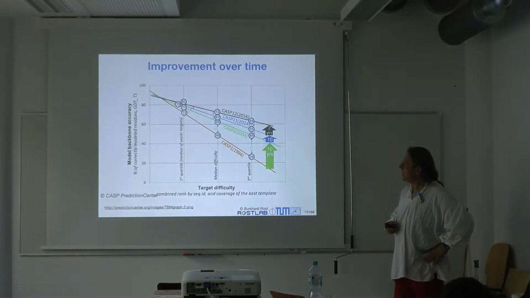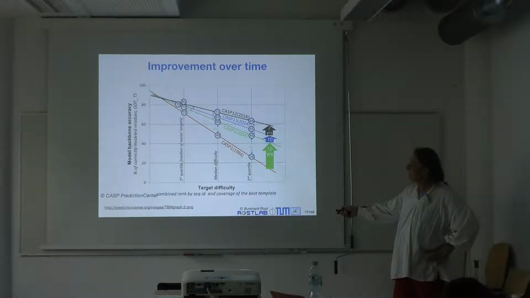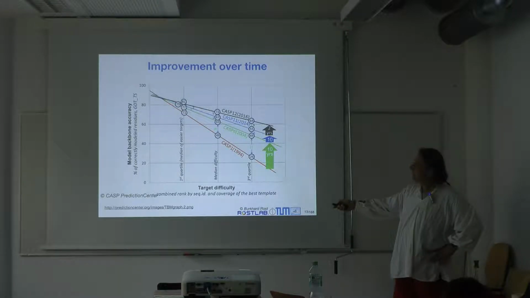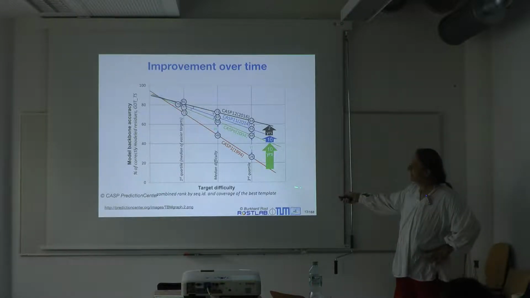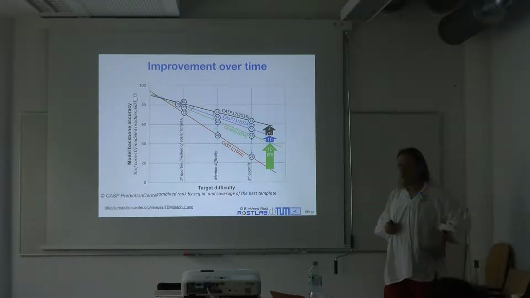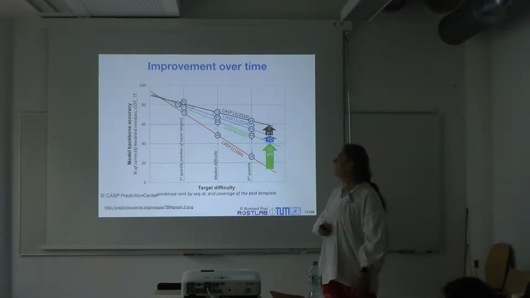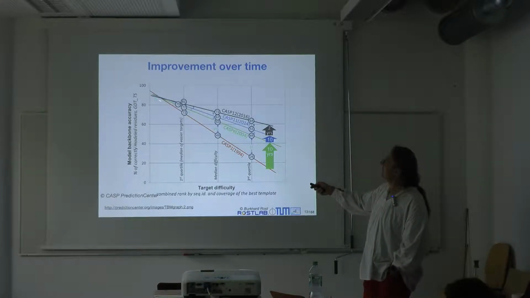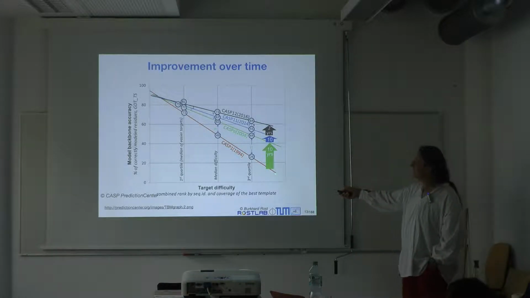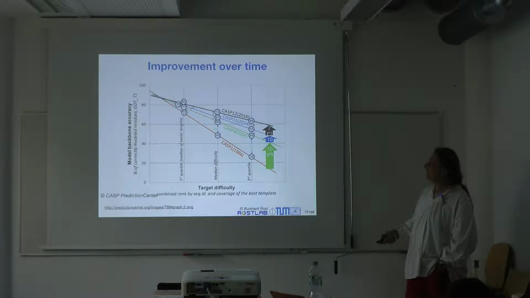What I'm going to show you here is a slide from the prediction center, from the CASP 12 meeting, where target difficulty, more difficult to predict is here, more easy to predict is here. This Y scale gives you the accuracy, so the degree to which you essentially get the right three-dimensional structure. This is the field of CASP 1. For very difficult targets, they modeled somehow correctly 20%.